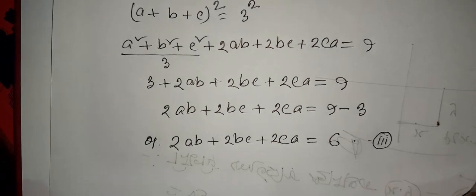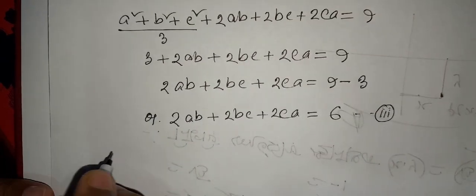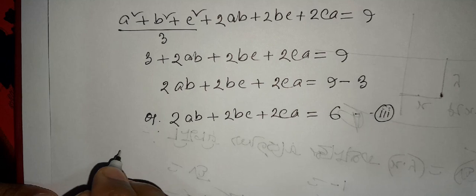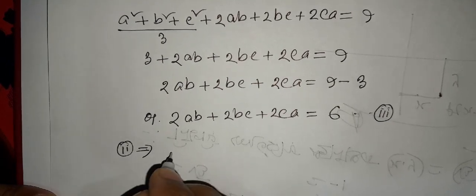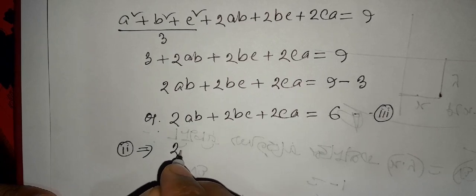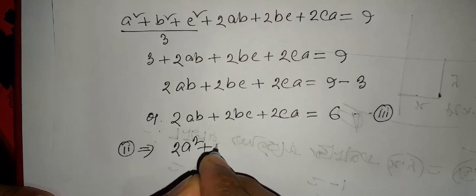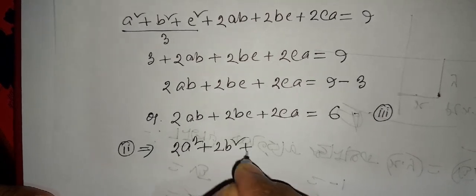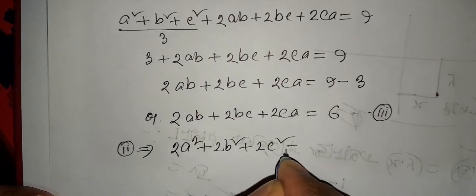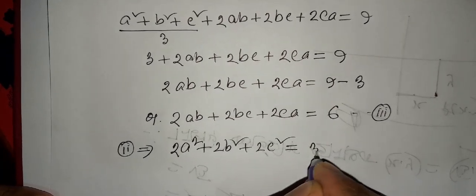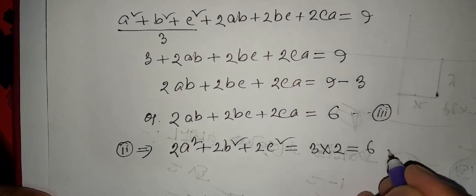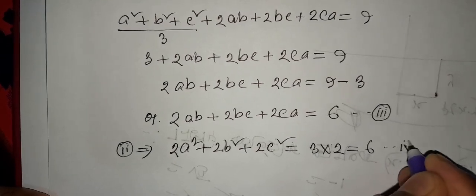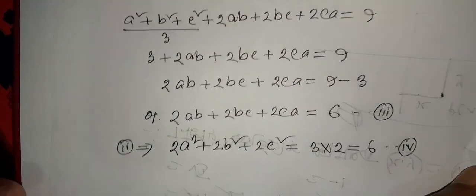Now multiplying equation number 2 by 2, we get 2a square plus 2b square plus 2c square is equal to 3 into 2, which is equal to 6. So it is equation number 4.